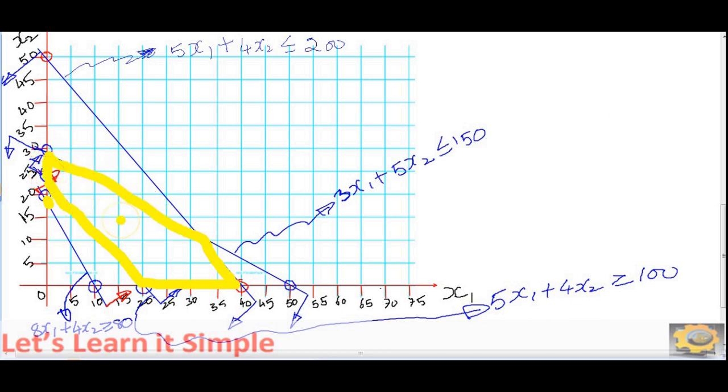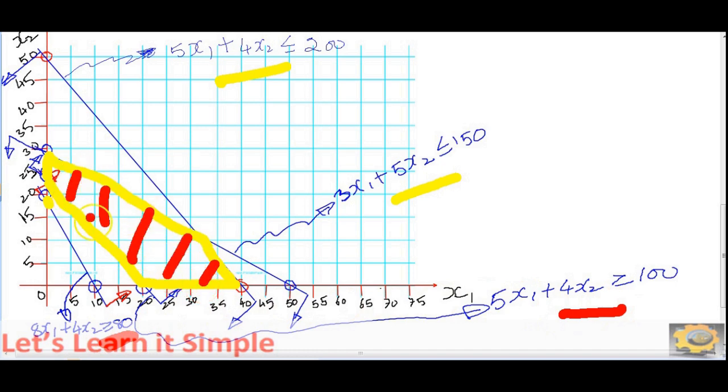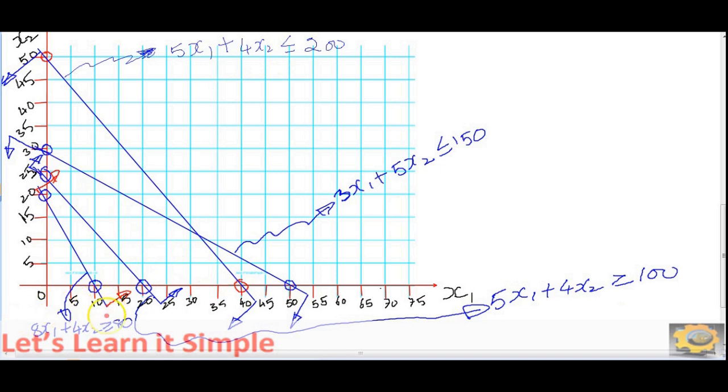Now this area will satisfy the constraint number 1, the constraint number 2, the constraint number 3, as well as the constraint number 4. So this solution space will satisfy all the four constraints. Okay. So let me shade that portion to differentiate this from the rest.